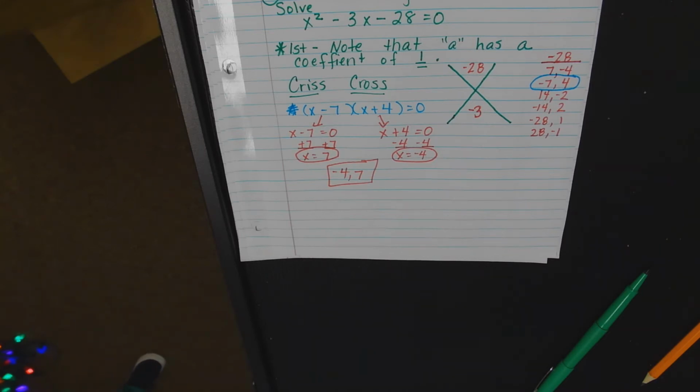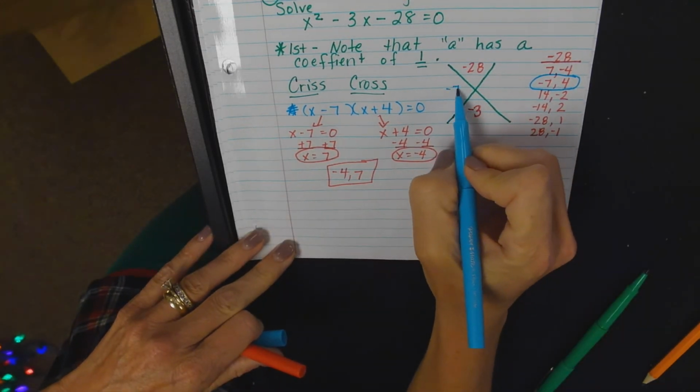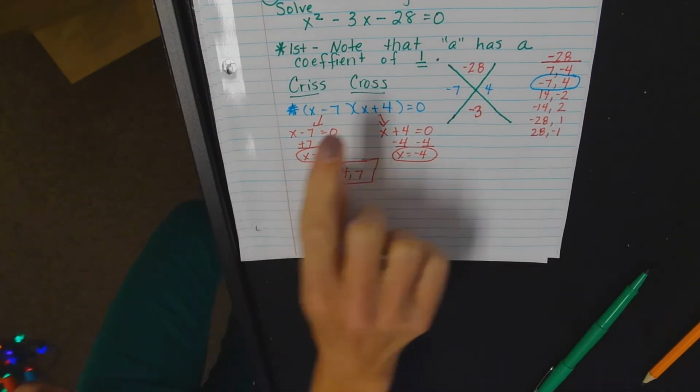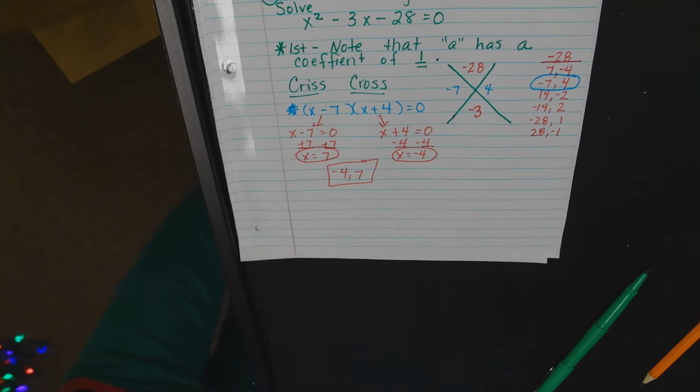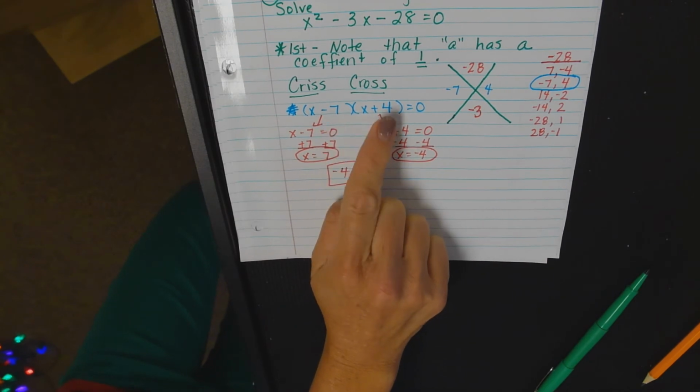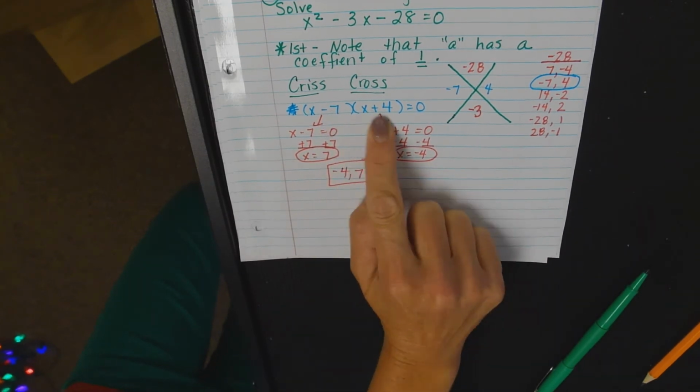I don't understand why you wrote 7 first and then put -4, like when you solved it, and then you put -4, 7. Because it doesn't matter anymore. I could have said x plus 4, x minus 7.